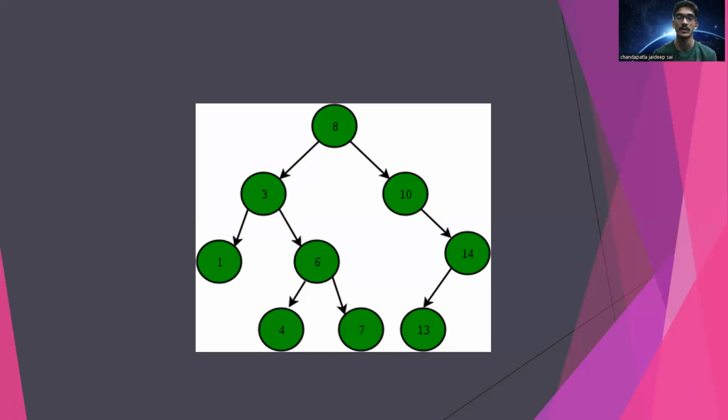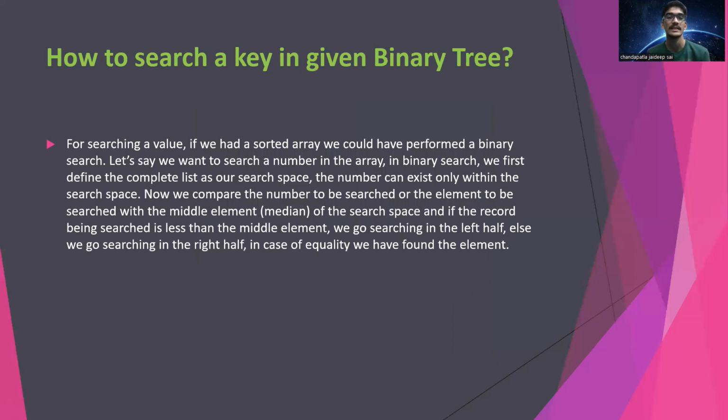So let's discuss tree sort. How to search a key in a given binary tree. Let's discuss how to search a key or any number. For searching a value, if we had a sorted array, we could perform a binary search. Let's say we want to search a number in an array. In binary search, we first define the complete list as our search space.